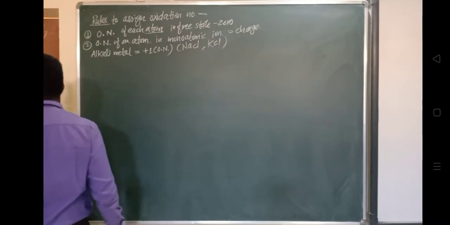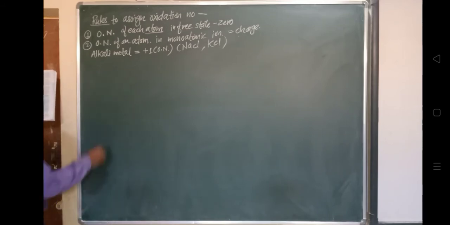Then alkaline earth metals have oxidation number plus 2.